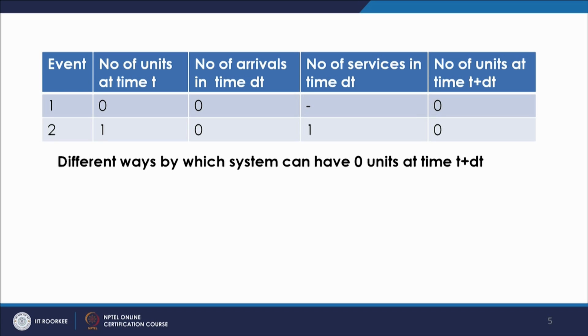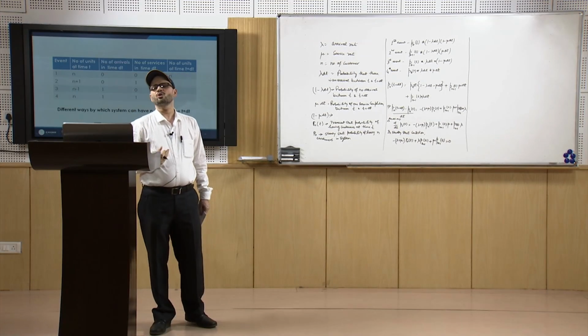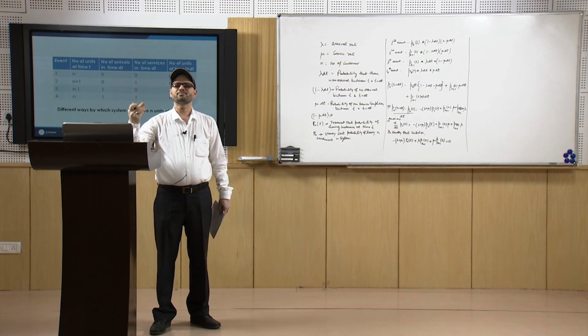For that, if you have 0 customers, there is no arrival, so there is no meaning of service. Or you have 1 customer, 0 arrivals and 1 service. That will also give you 0 units at time t plus dt.